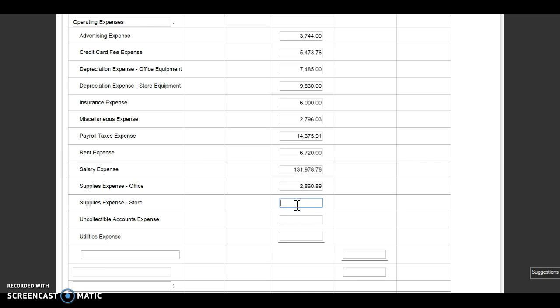Supplies expense store, $3,523.33. Uncollectible accounts expense, $2,384.10. And last expense, our utilities expense, $3,972.34.